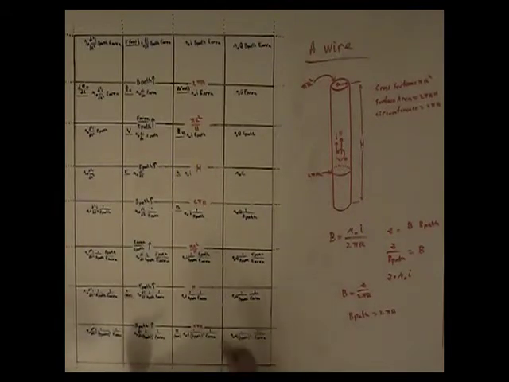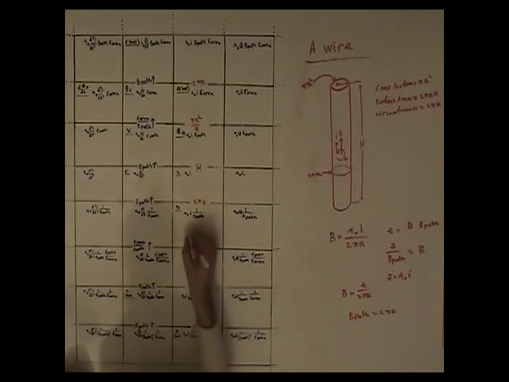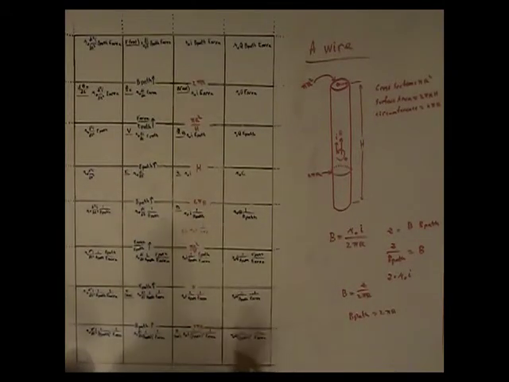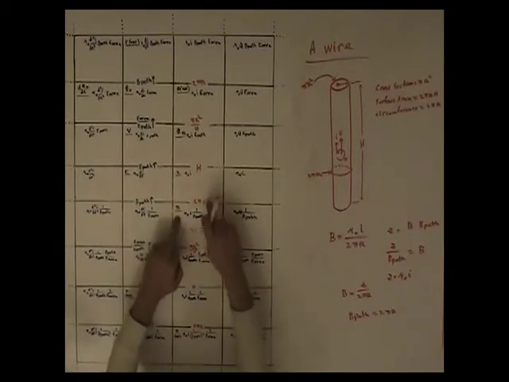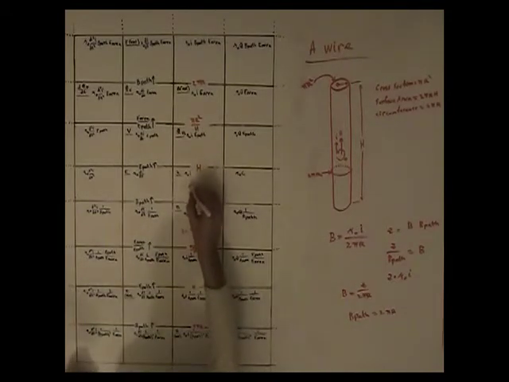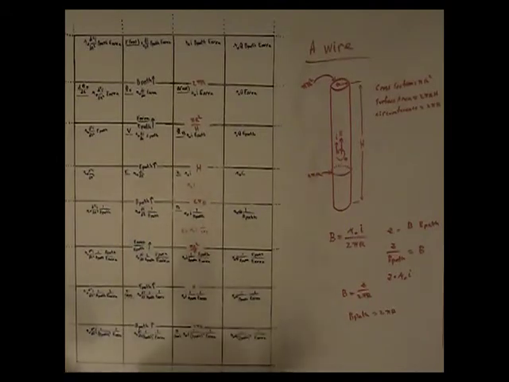Next, we can start here with B equals mu naught I over 2 pi r. B equals mu naught I times 1 over 2 pi r. And if we now multiply by our distance here, this is simply mu naught I. The 2 pi r's cancel.